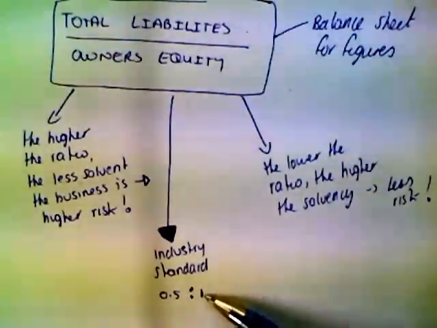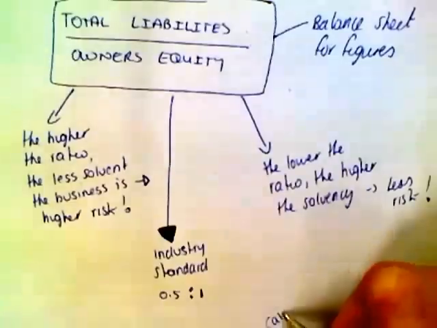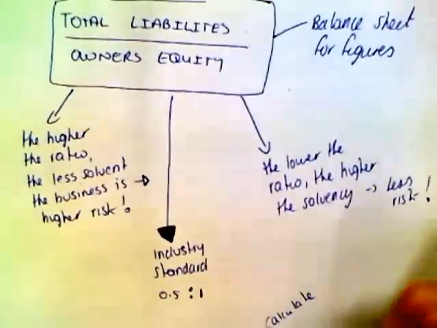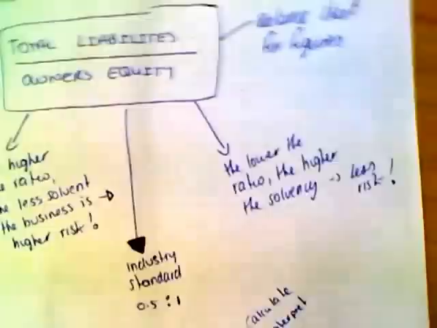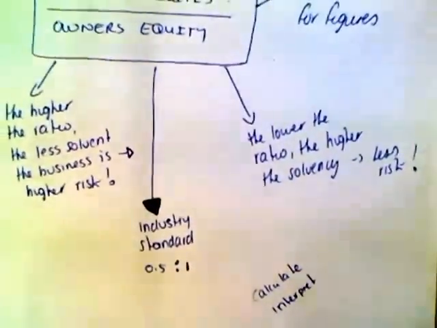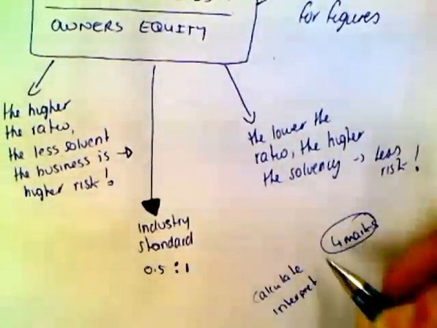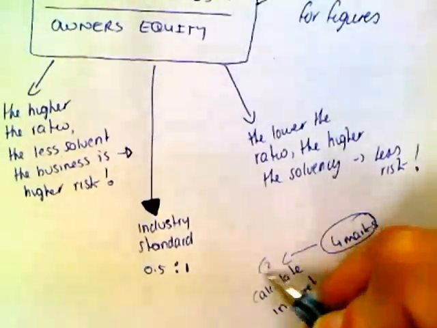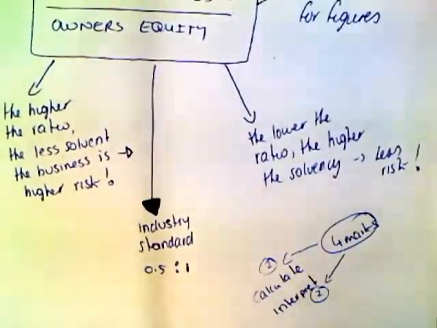Now, in the HSC exam, they will ask you to calculate, and then they'll also ask you to interpret. Generally, that could be a 4-mark question. You'll get 2 for the calculation and probably 2 for your interpretation.